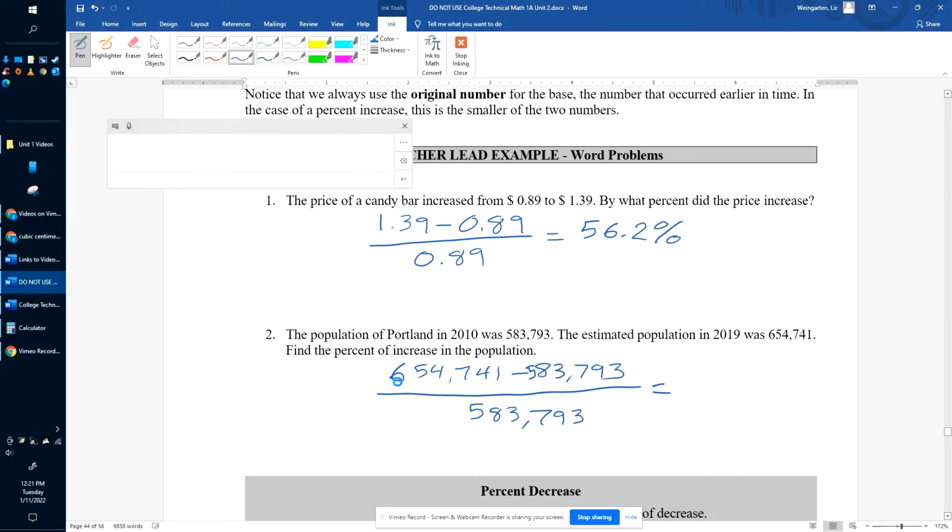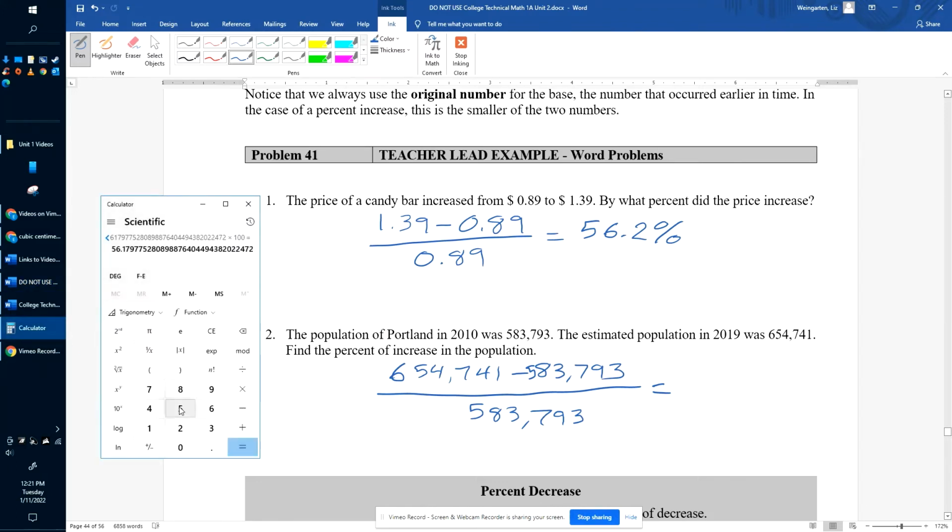And let's see what we get. 654,741 minus 583,793 equals, and divided by our old, 583,793. And we get that times 100 to get our percentage, 12.15%.